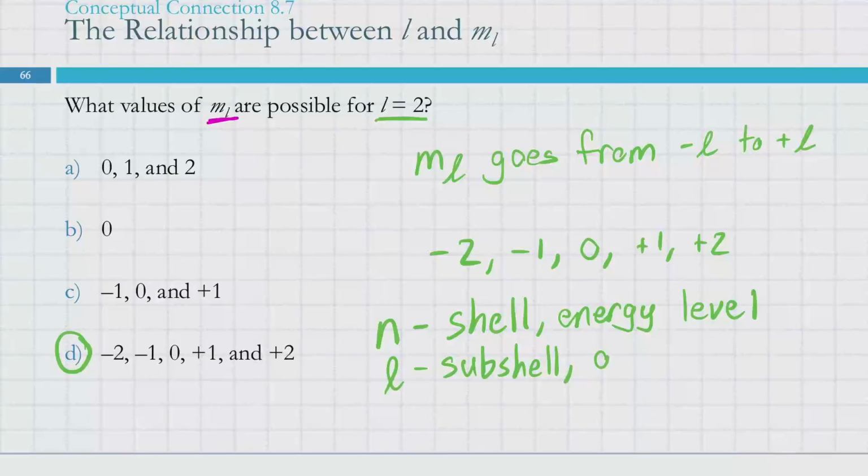It's the shapes, or shape group, family, whatever you want to call it. And then m sub L is a particular shape, which we could also call an orbital.